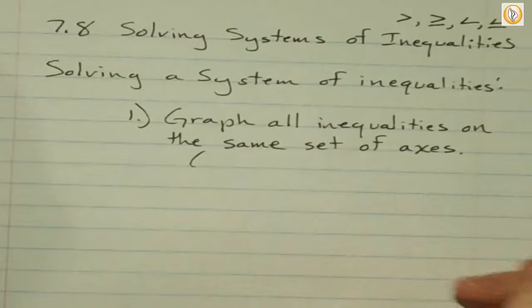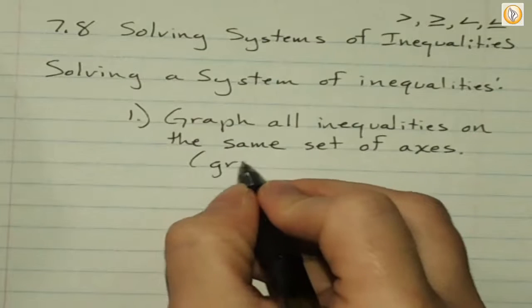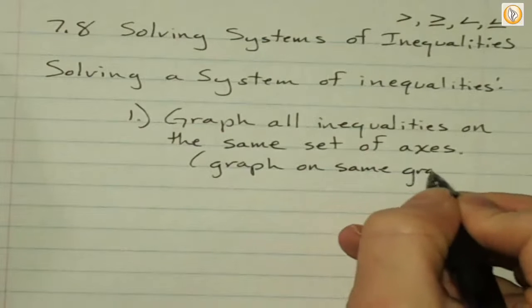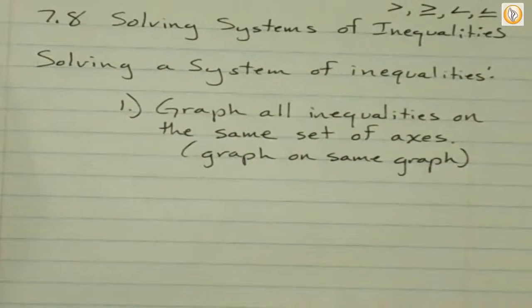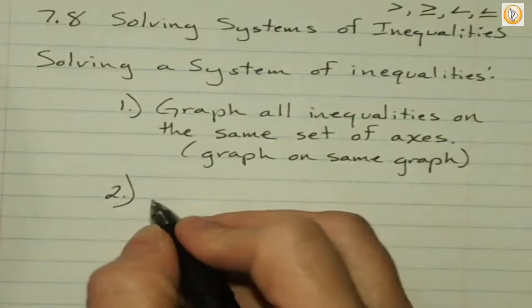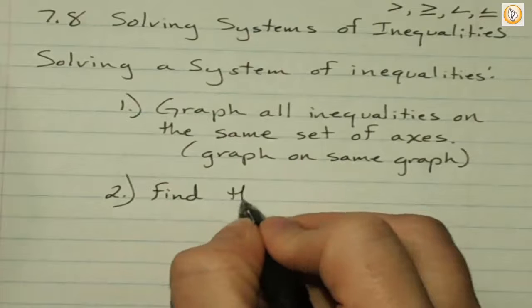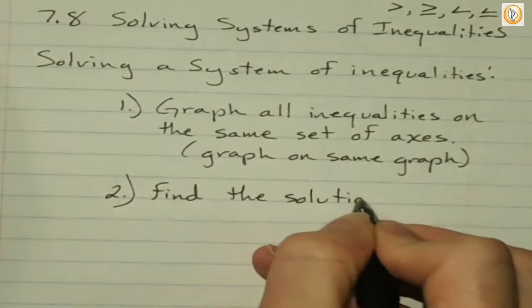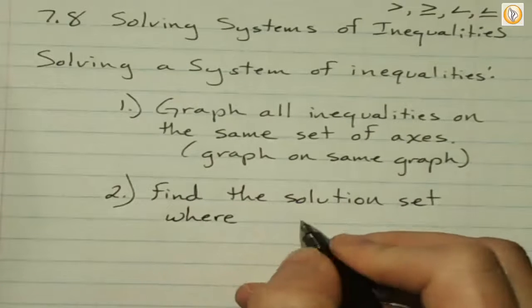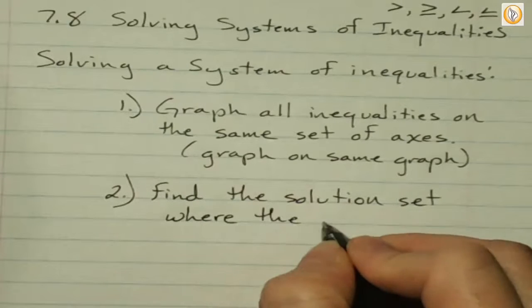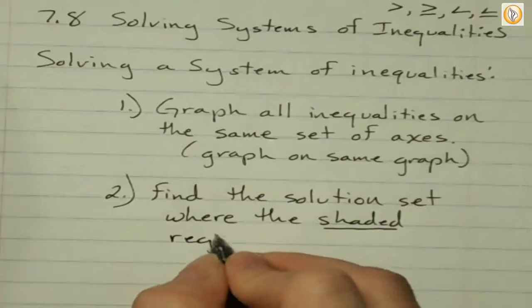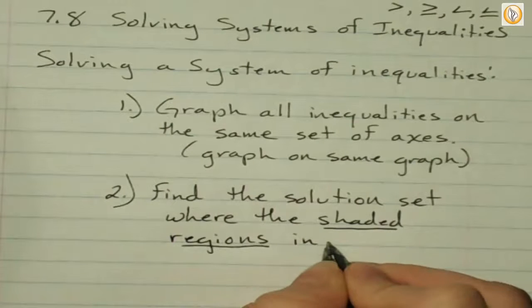Okay, so we're going to graph all the inequalities on the same graph. So you're going to have multiple lines that you're graphing on the Cartesian plane. Number 2, find the solution set where the shaded regions intersect.